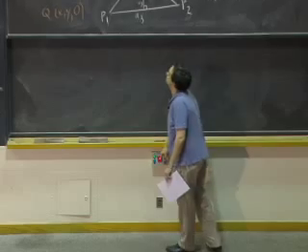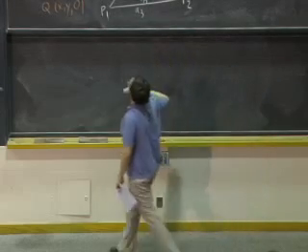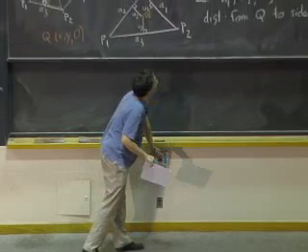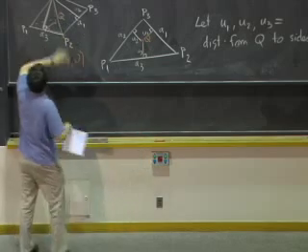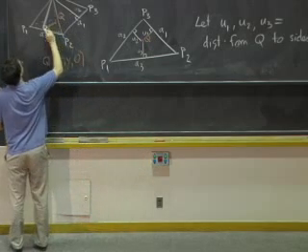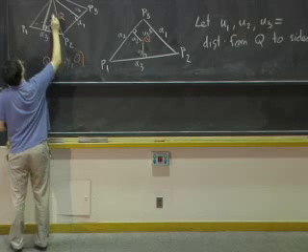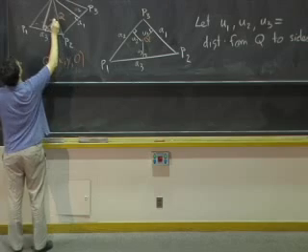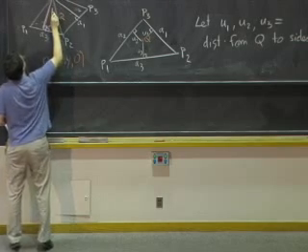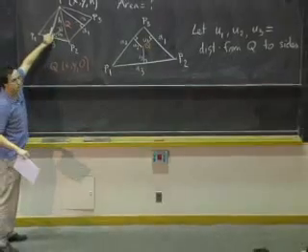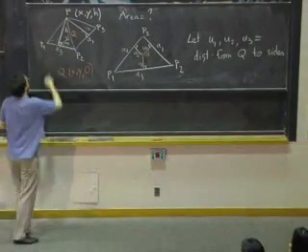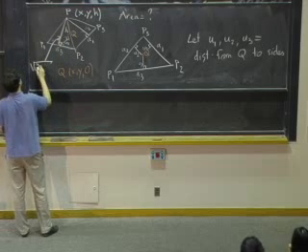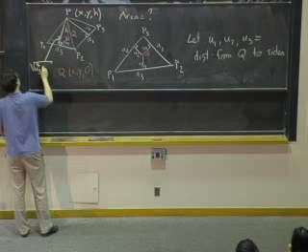Now I claim I have a nice formula for the area. Sorry, I need to draw one more thing. This side here is vertical and that's horizontal. So this length here is U3, this length here is H. So what's this length here? It's the square root of U3 squared plus H squared.